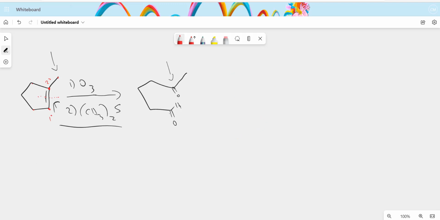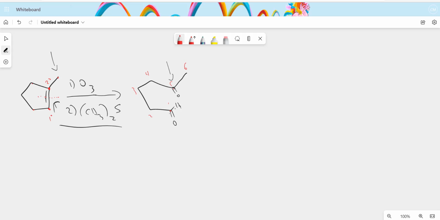Since this is our compound of interest, though, we're going to count the carbons, so I'm going to go 1, use red, 1, 2, 3, 4, 5, 6. 6 carbons. Note that the aldehyde is higher in priority than the ketone, so this becomes the number 1 carbon, and I'm going to start from this side.